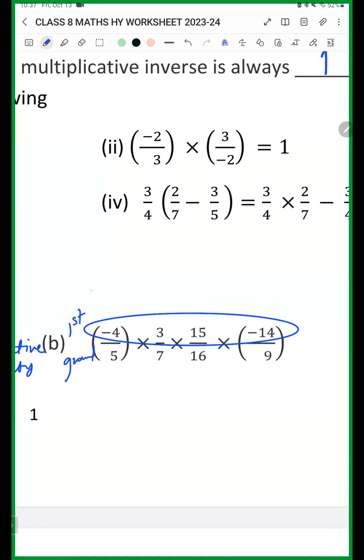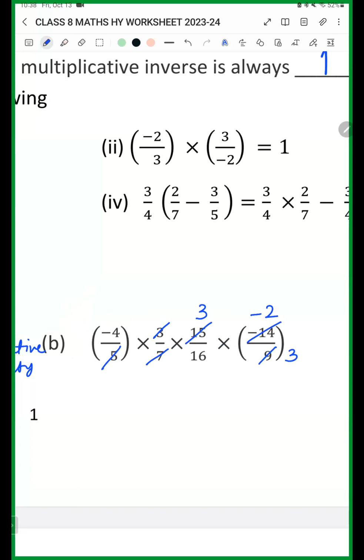The ones on the first floor will always cancel the ones on the ground floor, doesn't matter if one is on top of the other or not. For example, this 7 can cancel this 14. So it will become -2. This 3 will cancel this 9. It will become 3. This 5 will cancel this 15. 5 threes are 15. 3 ones are 3.